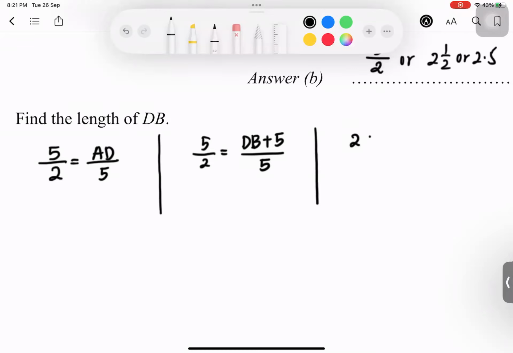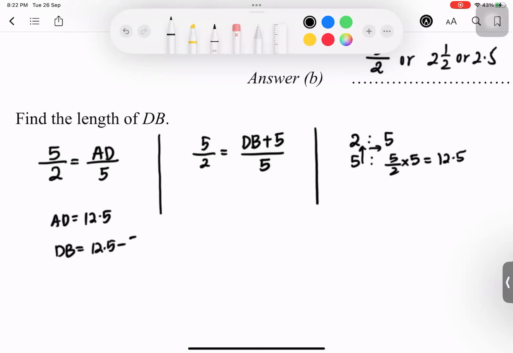The smaller one, 2:5, then find the bigger one, 5 divided by 2, 12.5. Then you find your AD already. AD is 12.5. Then you find DB, 12.5 minus 5, 7.5.